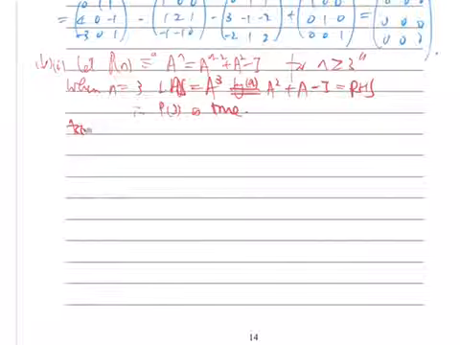So we assume that Pk is true for k greater than or equal to 3.